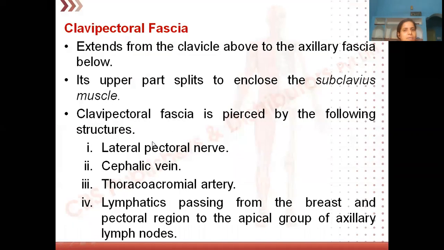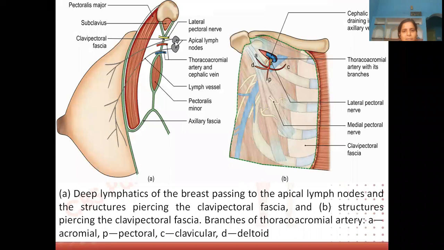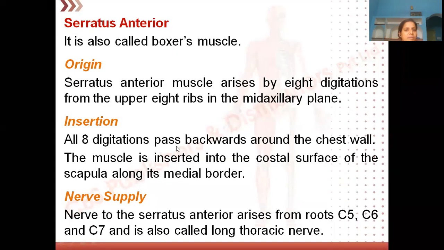Okay, so very, very important. Clavipectoral fascia extends from the clavicle above to the axillary fascia below. The upper part splits to enclose one muscle, subclavius, and lower down it splits to enclose pectoralis minor. So what are the structures pierced by it? Lateral pectoral nerve, cephalic vein and thoracoacromial artery. Deep to this you have seen lymphatics, the apical group of lymph nodes.